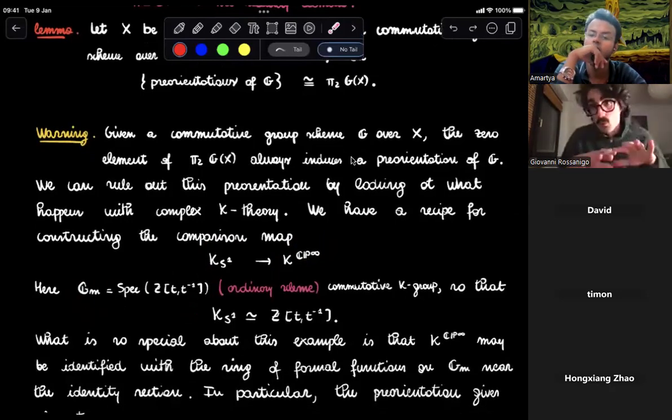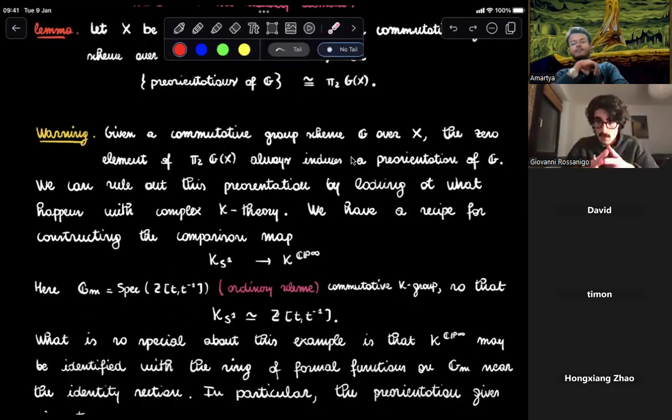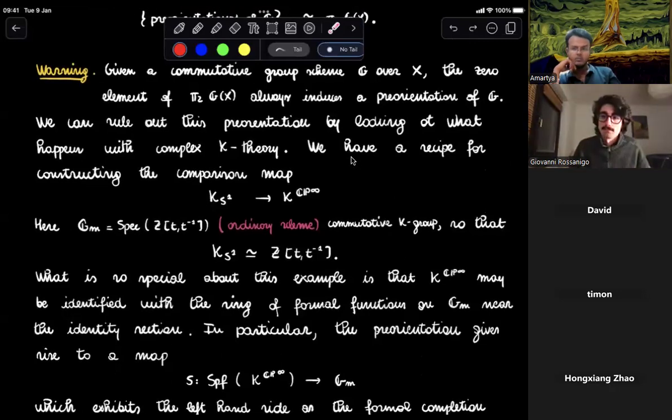So what we have to imagine is that we have the spectrum of this polynomial algebra, and near the identity section, the comparison map between naive cohomology theory and Borel cohomology theory exhibits the ring of formal functions. When I learned this, I was kind of scared about it, but it seems totally natural to be the case.